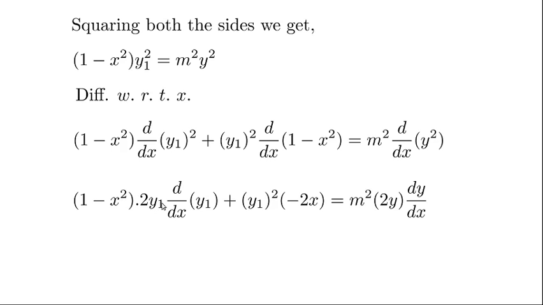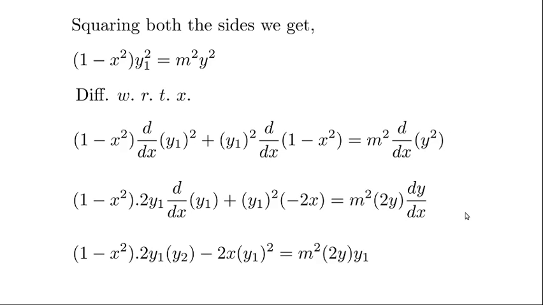So that is (1 minus x square) into 2 y1 into d/dx of y1, plus y1 square into the derivative of this, which is minus 2x, and again the derivative of y square is 2y dy/dx. The derivative of y1 is y2. Therefore we get (1 minus x square) 2 y1 y2 minus 2x y1 square equals m square 2y y1, since dy/dx is y1.